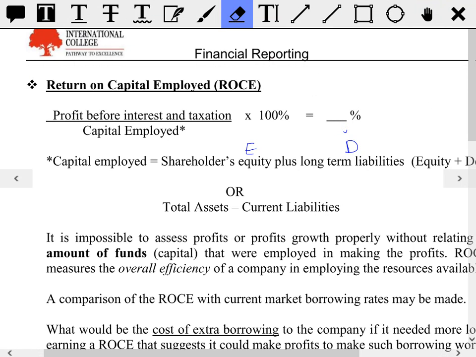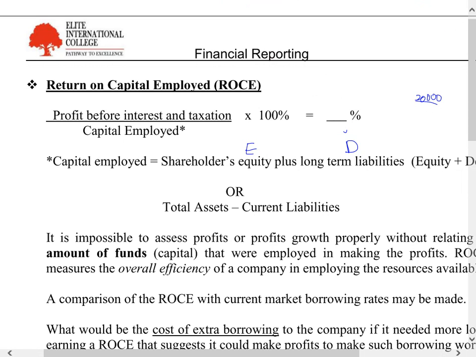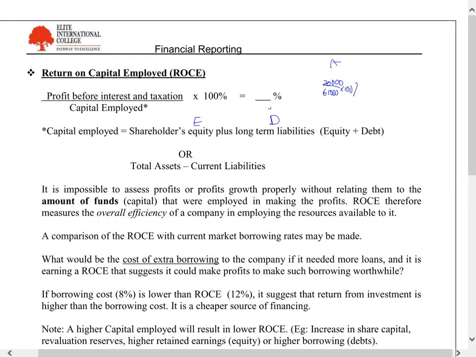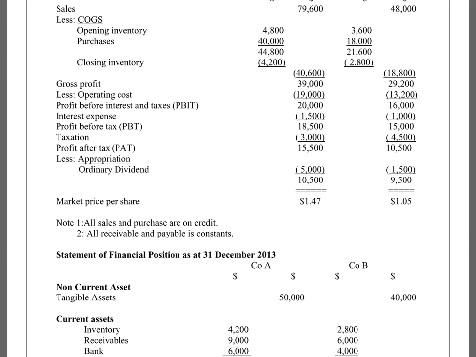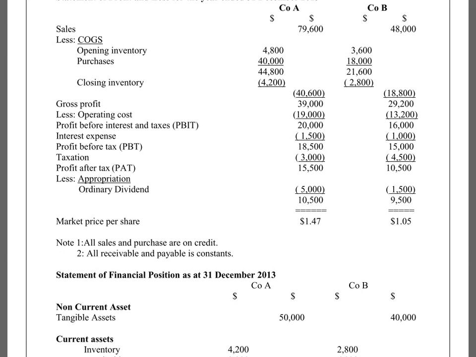So it's 20,000 divided by 61,000 times 100%. Company A and B. .8%. .33%.